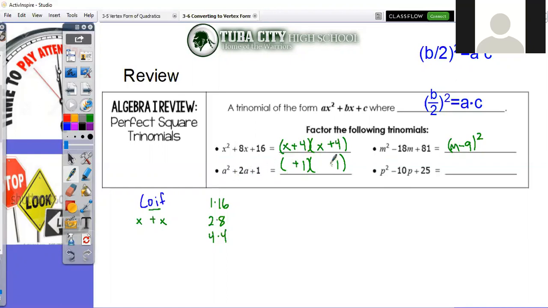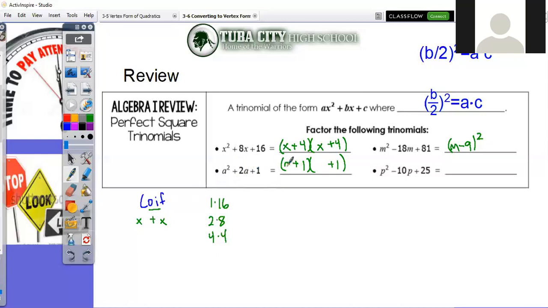So I need a, and now if it's plus, which in this case, because it's a perfect square trinomial, there'll almost always be pluses on this second sign here. But again, you could have them both be negative like we did in this case. So what we need to do is look at this sign here, and that's positive because these two numbers, 1 and 1, will add to 2.